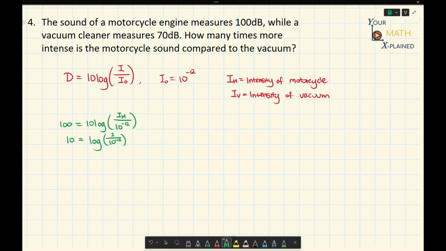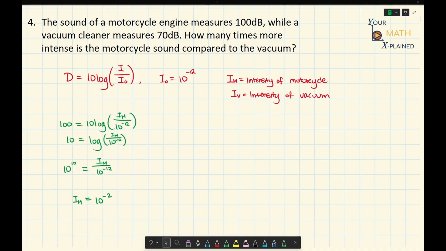Converting this to an exponential equation gives us 10 to the power of 10 is equal to I sub M divided by 10 to the power of negative 12. Solving for I sub M, that is going to be 10 to the power of negative 2.